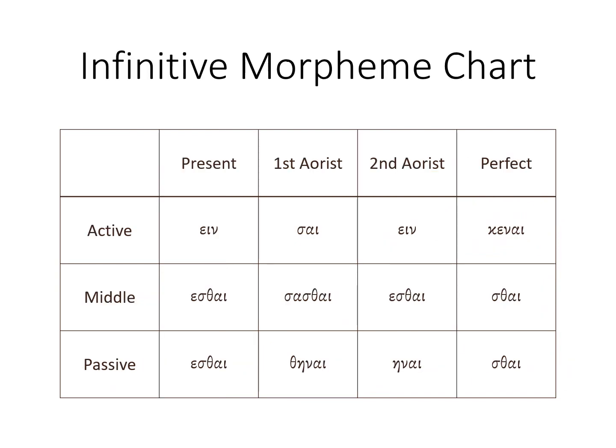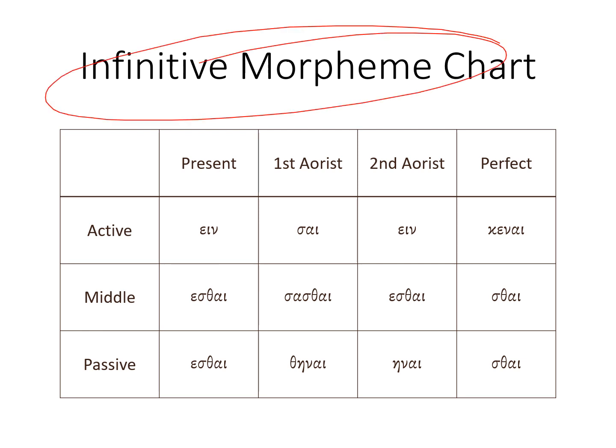The morpheme. This is perhaps the most important slide of the screencast here. Another paradigm. You just have to memorize what you see. There's really just no other way around it. We begin with the present, and we have active, middle, and passive, and those cells continue all the way across with the first, second aorist, and then also the perfect.